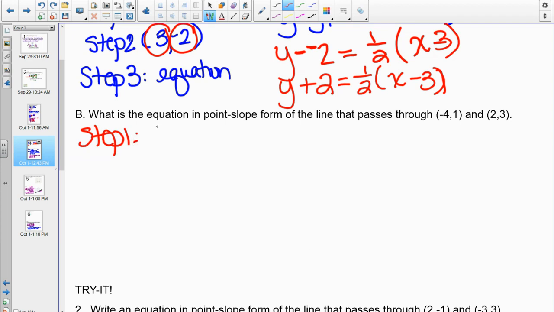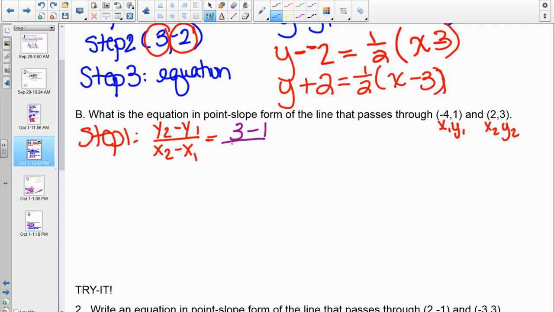So slope is y2 minus y1 over x2 minus x1. Here's x1, y1, x2, y2. I'm going to plug in as I go. So y2 is 3. I'm going to subtract y1, which is 1. I'll look over here.